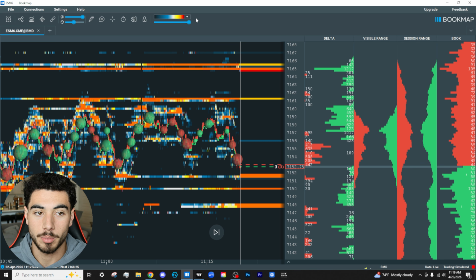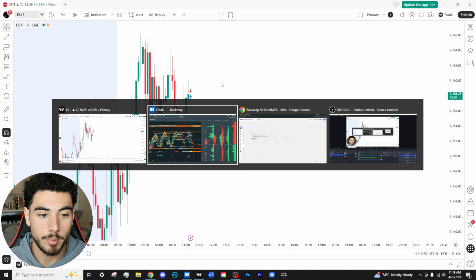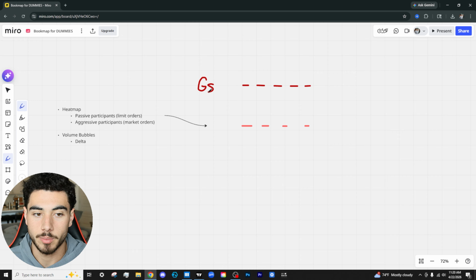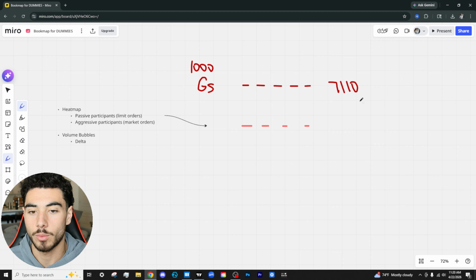And the deeper red that you get, that means more orders are sitting there. So remember this, right? Let's say that you have not one GS banker, but we have 1,000, right? Or 1,000 contracts, 1,000 people. They want to get short at 71.10.